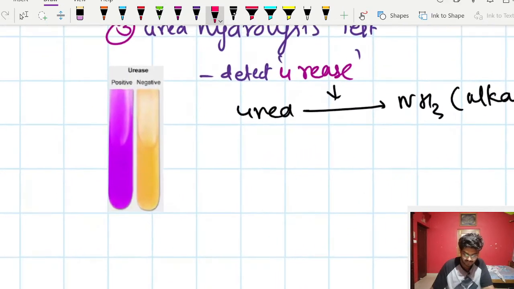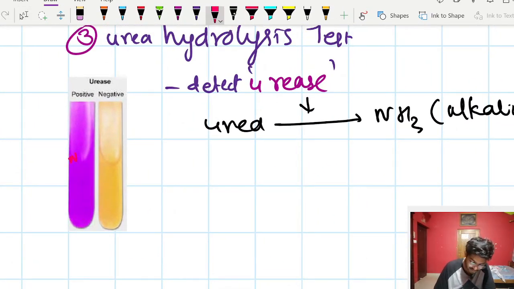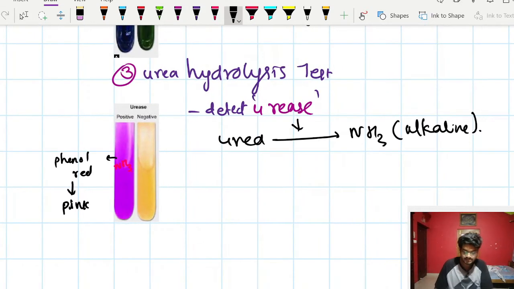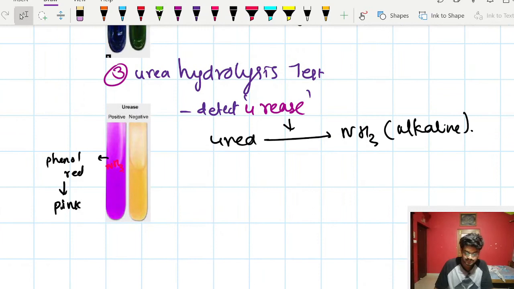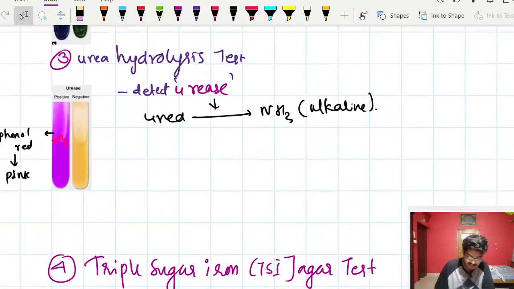So if it was urease positive, there will be production of ammonia. Ammonia is alkaline, so the phenol red indicator in the medium is converted to pink in color. So if it is pink in color, then it is urease positive. If it is not pink in color, then it is urease negative. Let us discuss some examples.